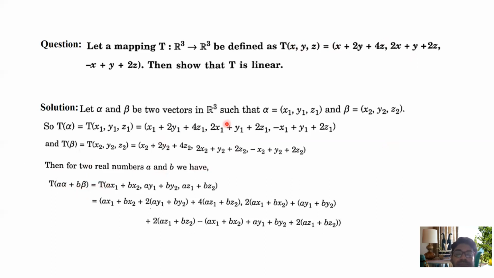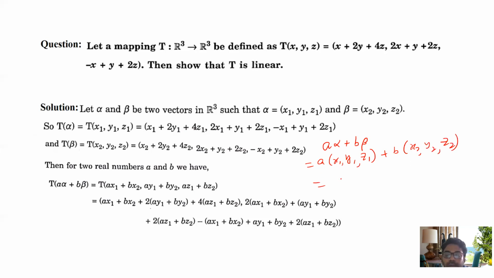So you may write (a x1 plus b x2, ...). If you have a question in your mind about where this comes from, very simple, just check: a alpha plus b beta is equal to a(x1, y1, z1) plus b(x2, y2, z2).